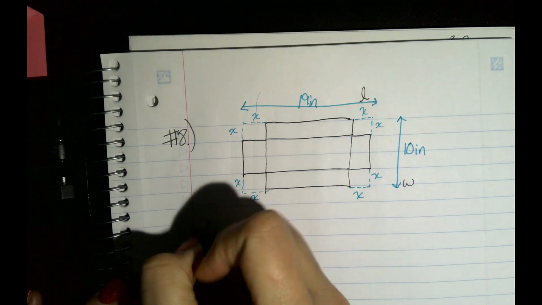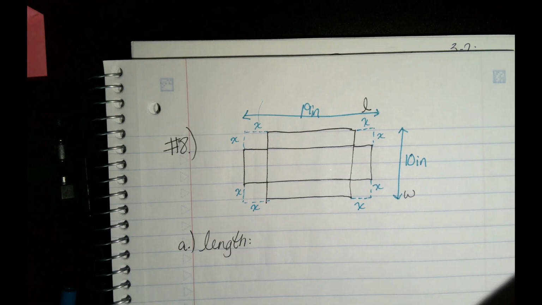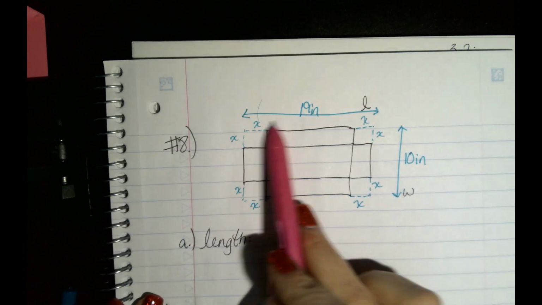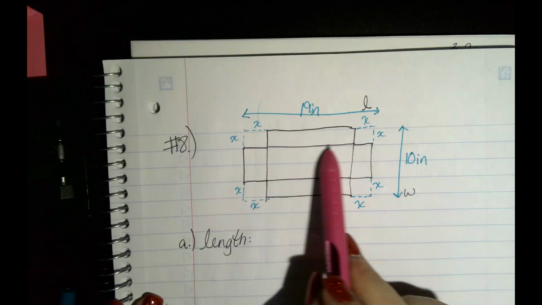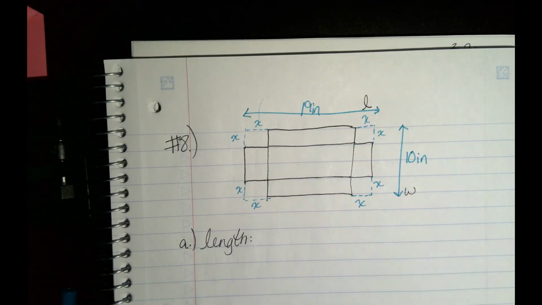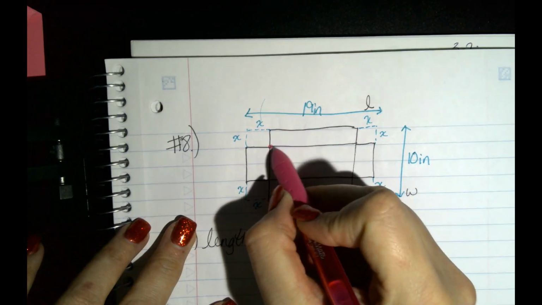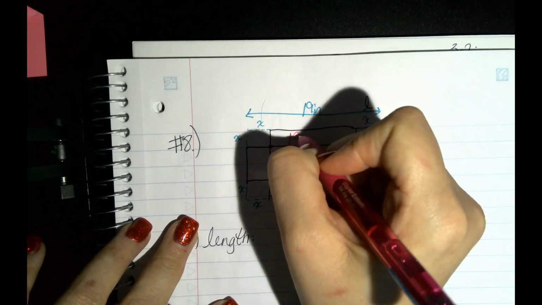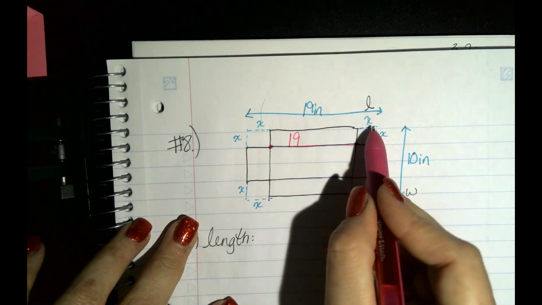And this is A. Okay, so the length of my box is dealing with the 19. So if this is a net where we've taken the sides and laid everything down, I'm just going to look here. From this corner over to this corner is my length. So I know it's 19 for the whole thing, so I need to take away these two x's that it's including.